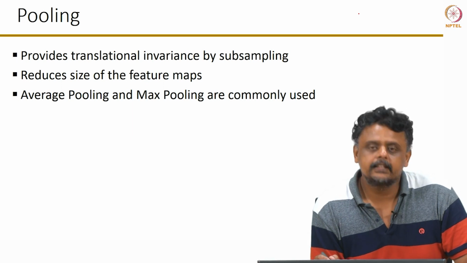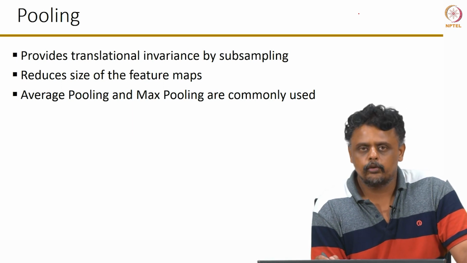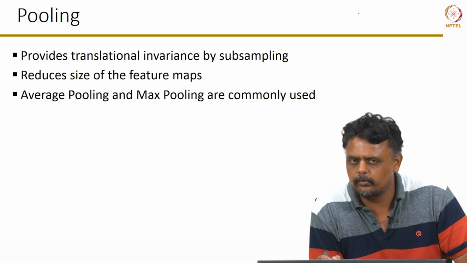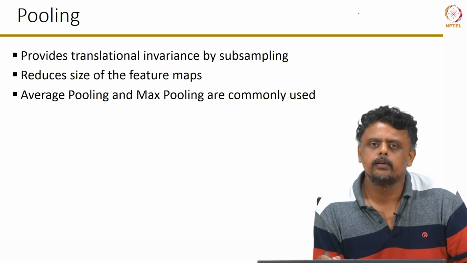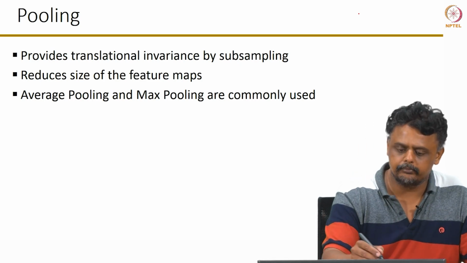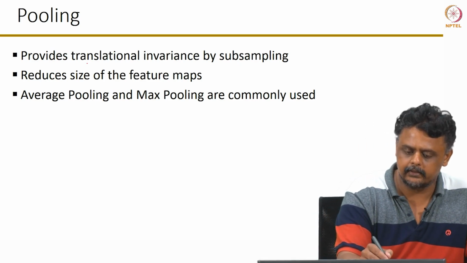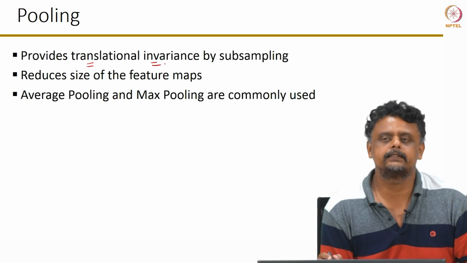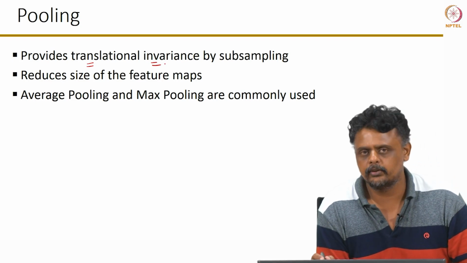Now, another operation which we defined was pooling. Following a convolution or a series of convolutions, there is also pooling. What does this pooling accomplish? One of the major advantages it supposedly gives is translational invariance. It is very easy to visualize.